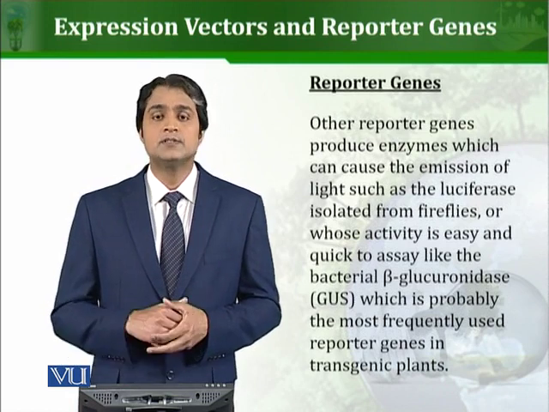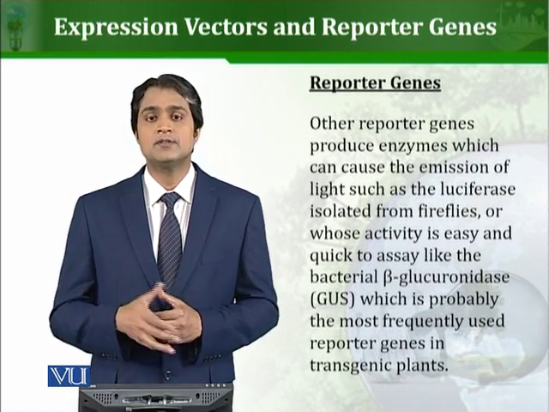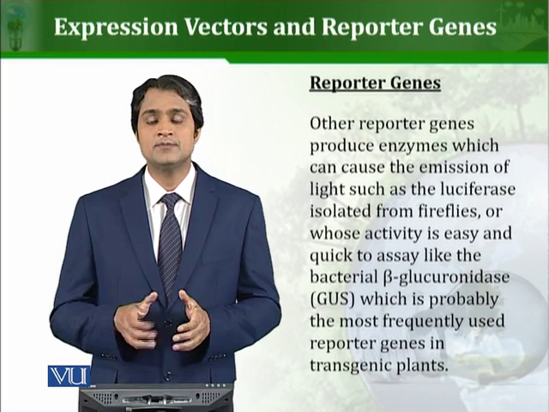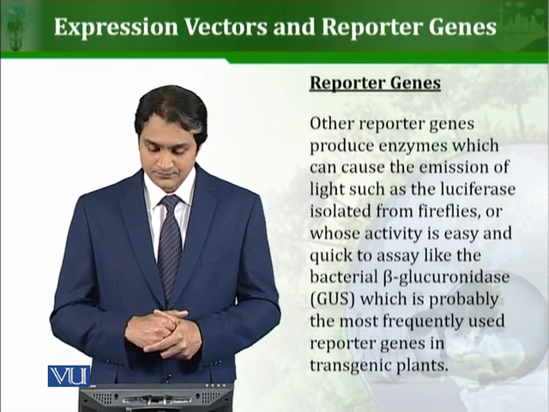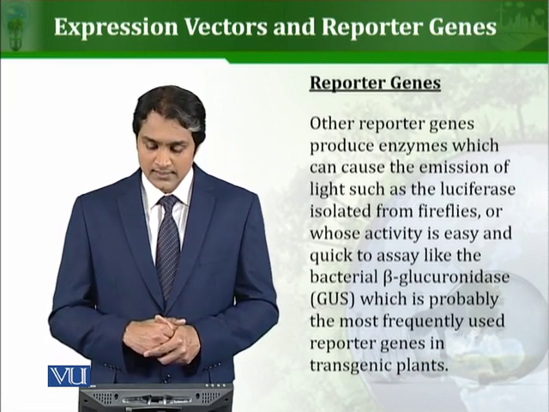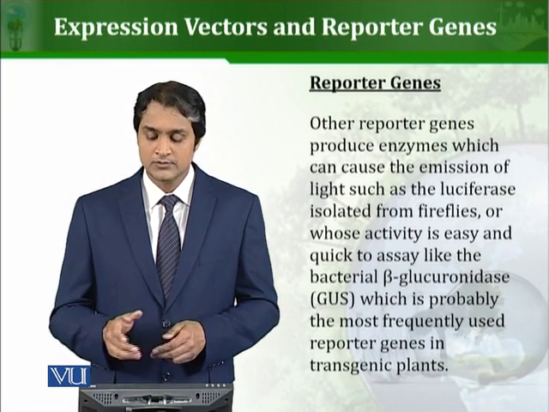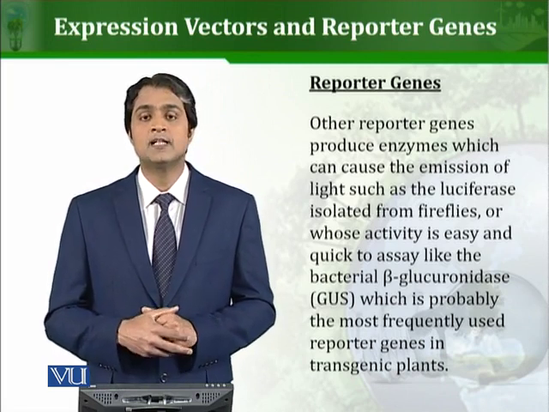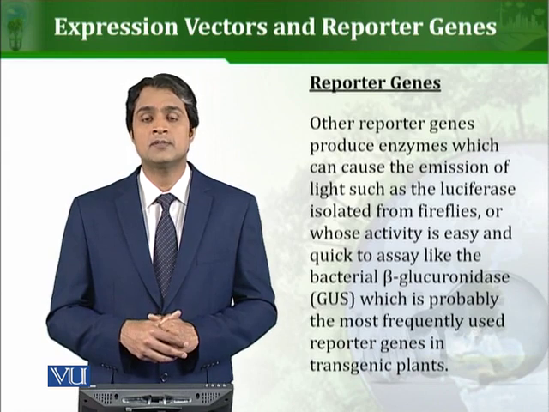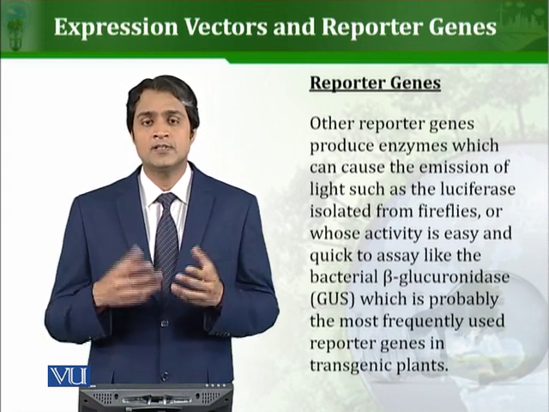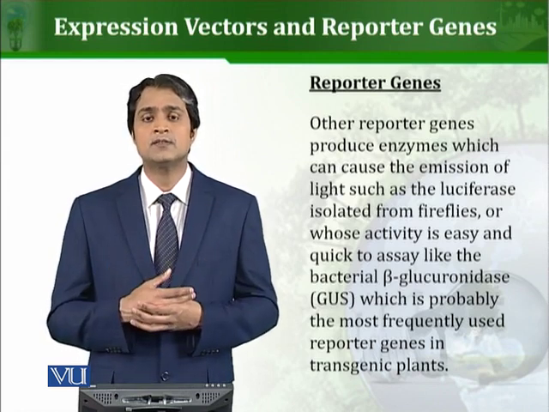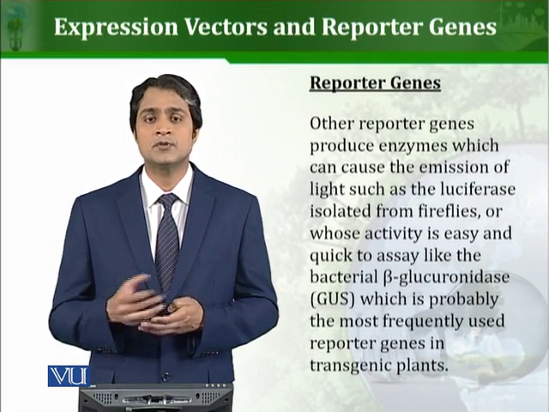Now, there are other reporter genes as well, in addition to antibiotic resistance genes and enzyme genes like beta-galactosidase. For example, there are genes which can emit light. For example, the luciferase enzyme from fireflies has been used in different DNA-based vectors. If we have such an enzyme, we can check for the presence or absence of light from that enzyme.